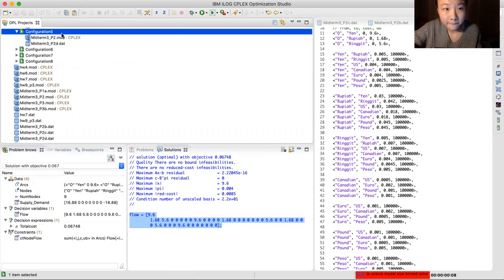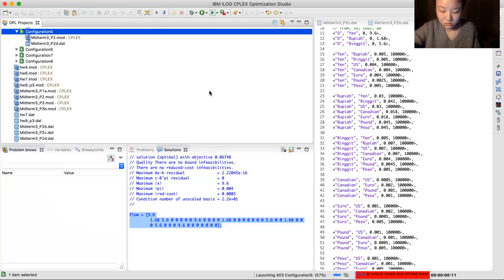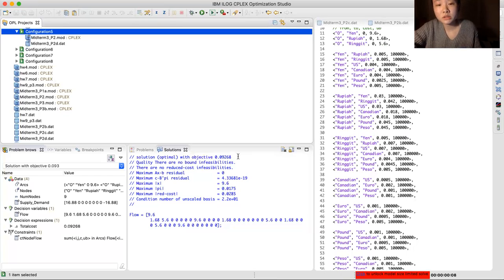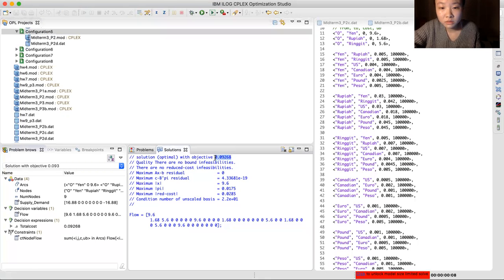As you can see, with the increase, the minimum cost is also increased compared to part B and part C. The new cost is 96,680, but the cash flow is the same as part C.